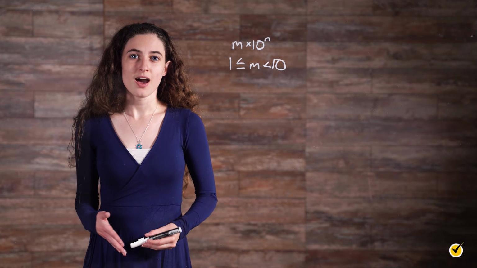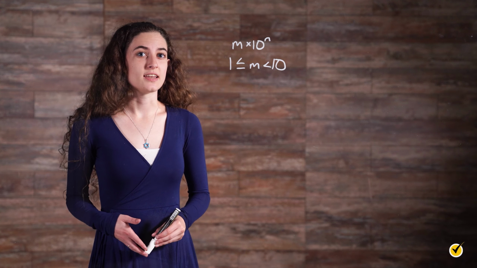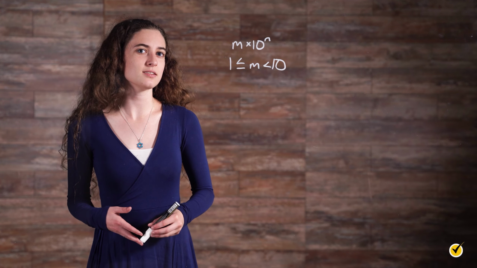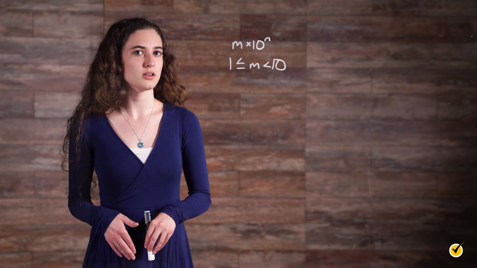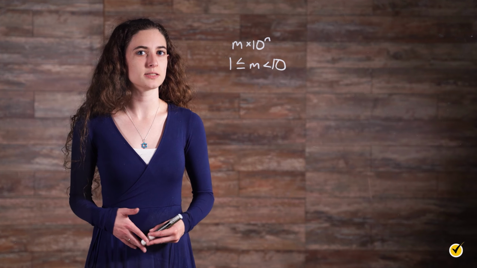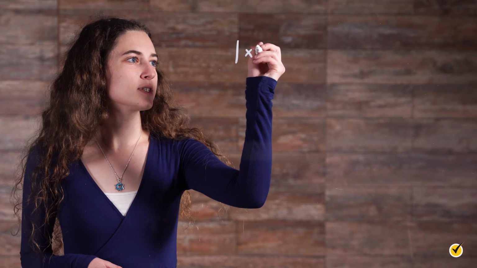Why 10? Our number system is based on 10, and each place value is 10 times the previous place value. 1 ten equals 10 ones, 1 hundred equals 10 tens, etc. Let's look at writing large numbers using this notation system. We can write the number 1 as 1 times 10 to the 0.